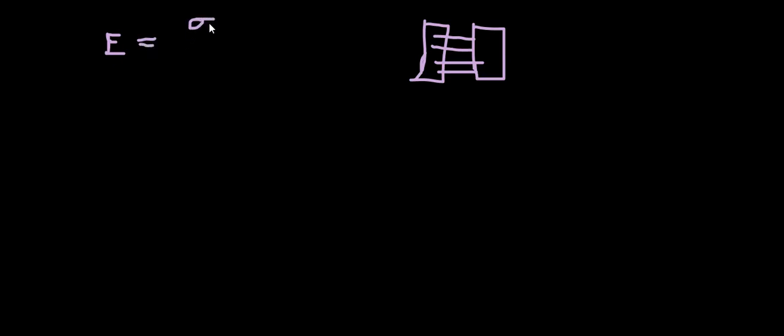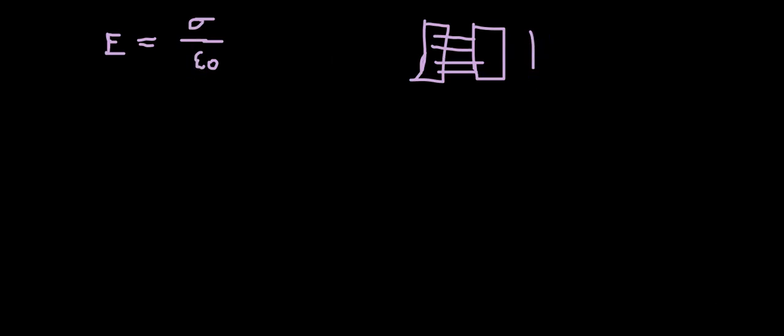First, between two plates, we have already learned about these. For a parallel plate arrangement, the electric field between them is going to be sigma by epsilon naught, where sigma is the surface charge density. If there is another plate here, then a 2 will be added.